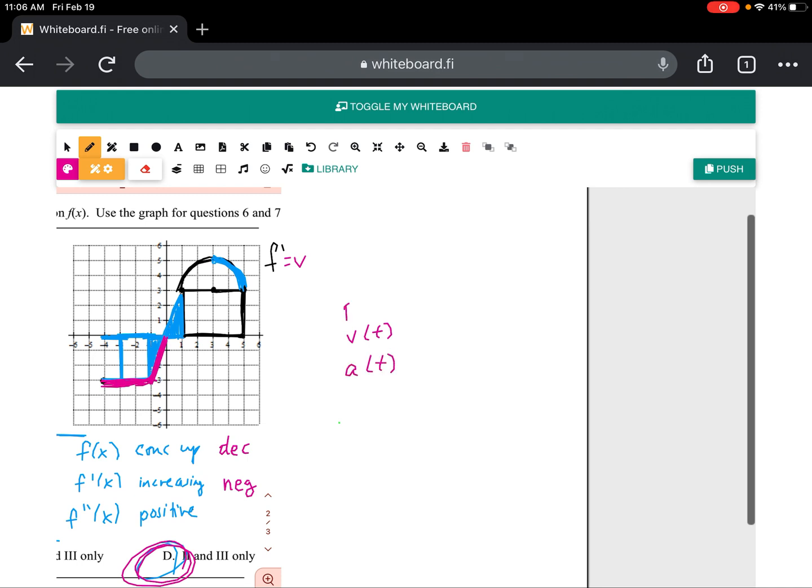If you take an integral, you get p of t. So move down, it's derivatives. Move up, it's integrals. So everything that we've said about f of x, f prime of x, and f double prime of x applies here. Everything we've just said.